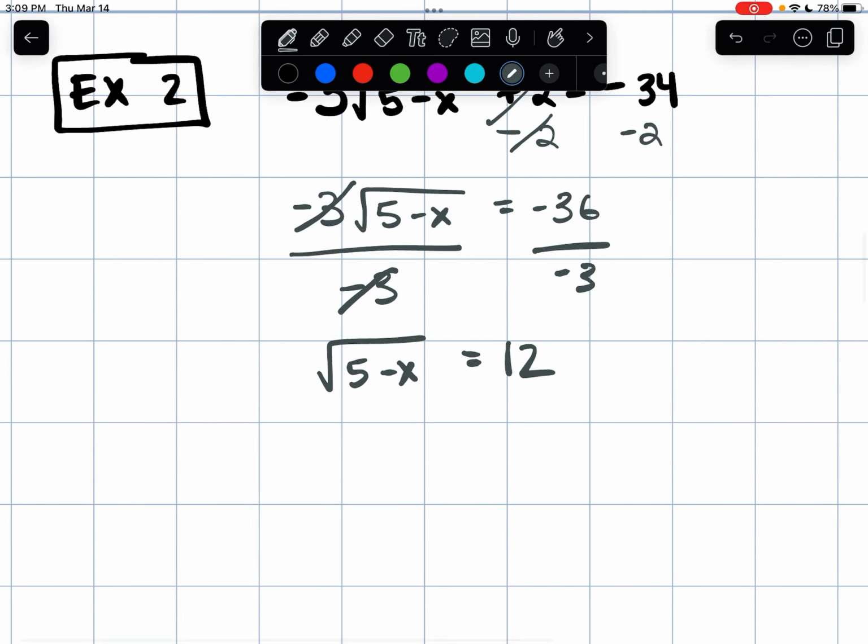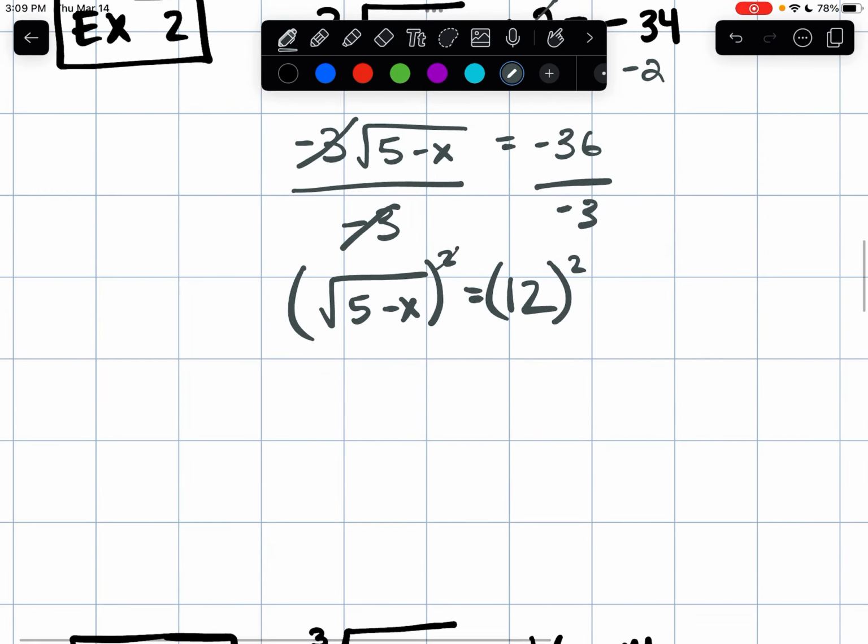I then see that I have a square root. We said that to undo a square root, I have to square both sides. So we're going to square the left, and if I square the left, I've got to keep it balanced, so I've got to square the right as well. A square and a square root are inverse operations, so they undo each other, leaving me with 5 minus x on the left. And 12 squared is 144.